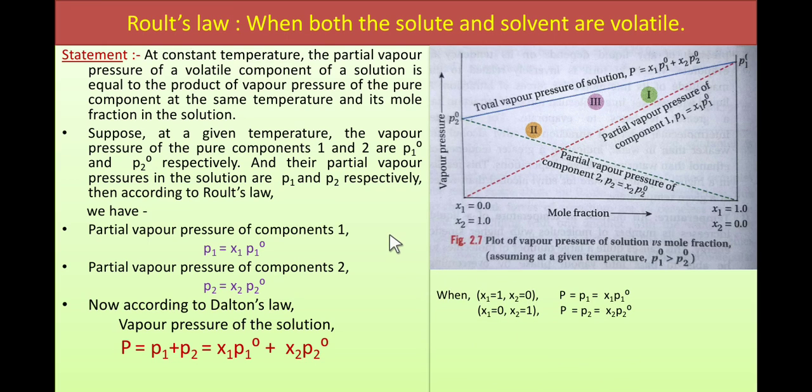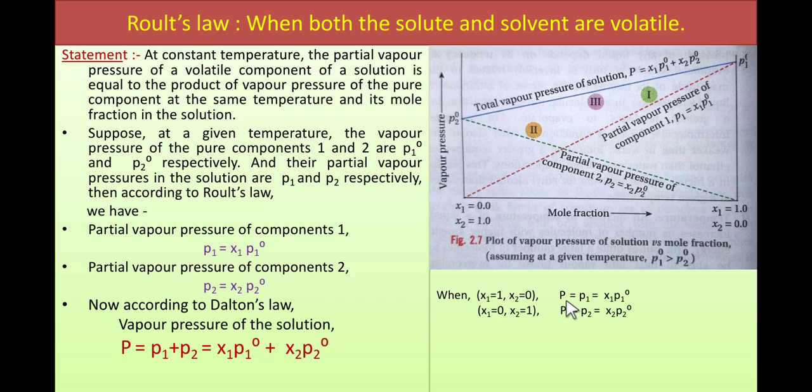So now if x1 equals 1, then x2 will be 0, and the vapor pressure of the solution becomes the vapor pressure due to component 1, that is x1 into P1 naught. Since x1 becomes 1, the vapor pressure of the solution becomes the vapor pressure of pure component 1. When x1 equals 0 and x2 equals 1, the mole fraction of component 2 is 1, meaning component 1 is absent here.